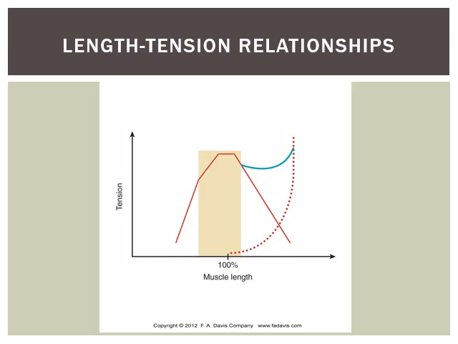So this looks at both of those two graphs superimposed on one another. Here you have the active tension being produced, and here's passive tension. We know that when you get to 100% of the muscle's resting length and continue to apply force, that's where passive tension is going to increase.